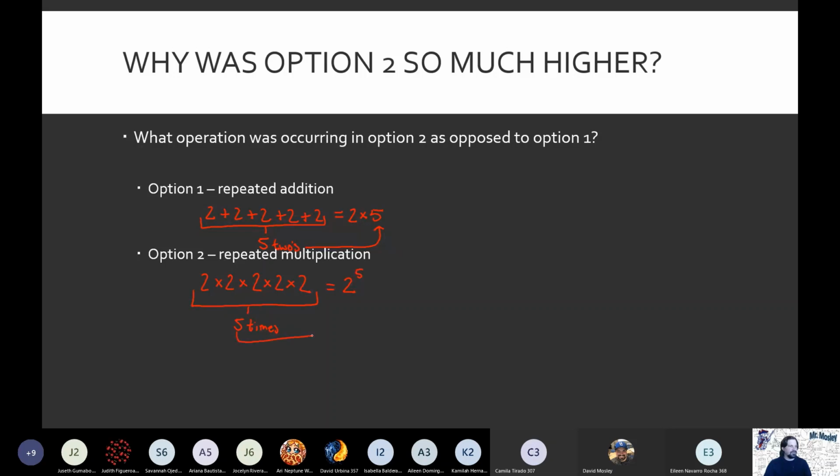So this 5 goes into the exponent spot to say, okay, I'm multiplying 2 by itself 5 times. If I'm multiplying 2 times 2 times 2 times 2 times 2, 2 to the 5th power, that's going to give me 32. So the rate at which the number grows is faster. It's exponential, as they like to say.